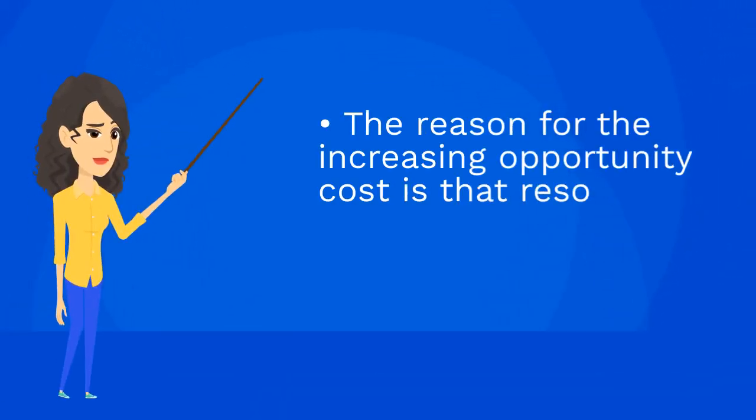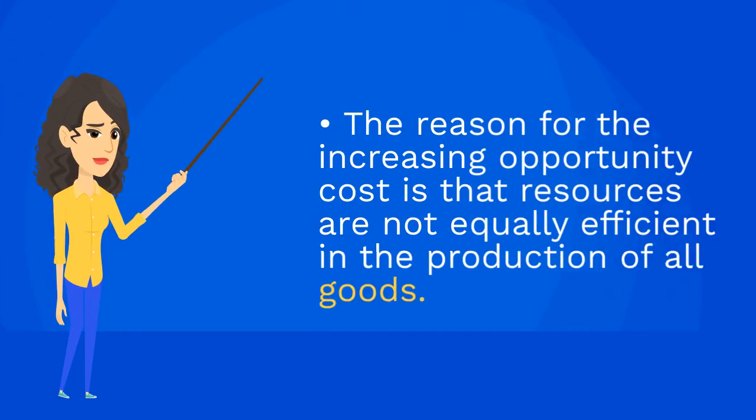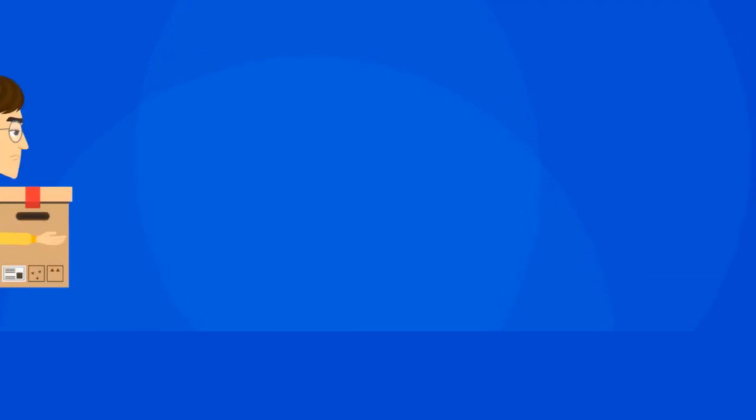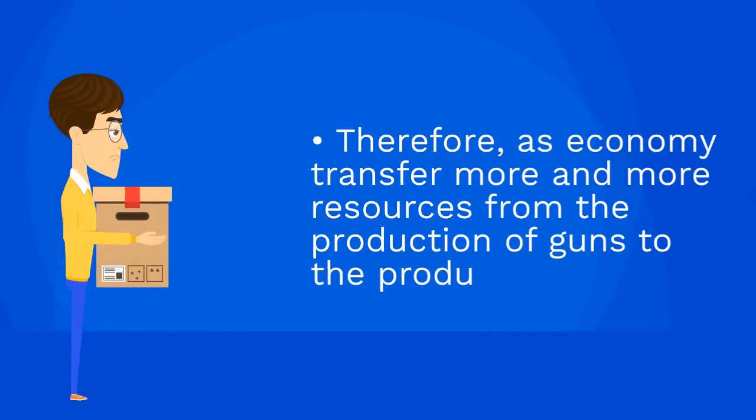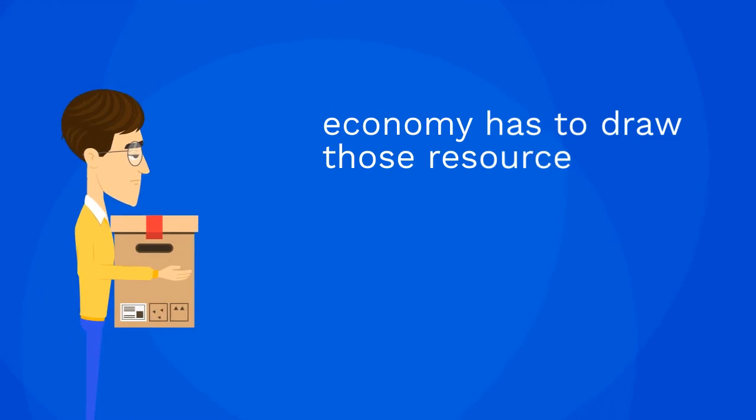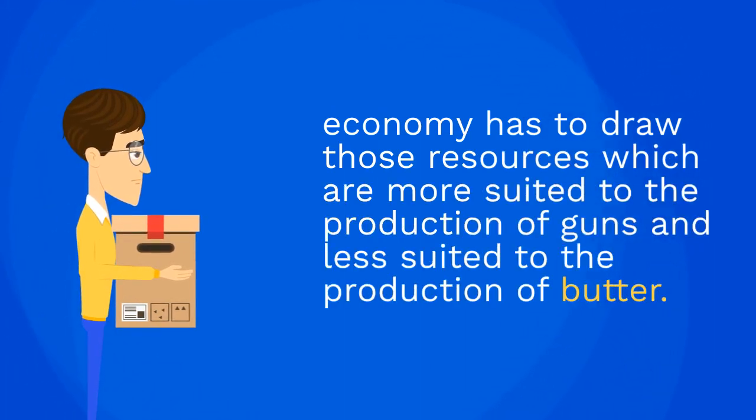The reason for the increasing opportunity cost is that resources are not equally efficient in the production of all goods. Therefore, as economy transfers more and more resources from the production of guns to the production of butter, economy has to draw those resources which are more suited to the production of guns and less suited to the production of butter.